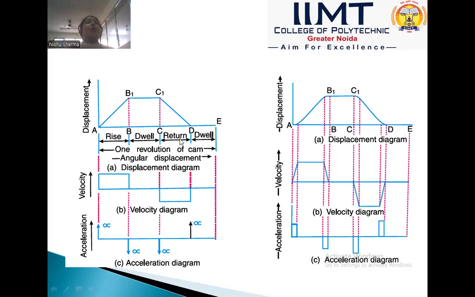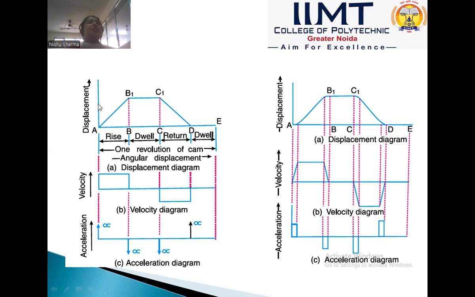Return is also called the fall of the follower, or return stroke, in which the follower moves from the highest position to the lowest position, from C1 to D. Then again a dwell, where no motion occurs. So A to E is the 360 degrees.